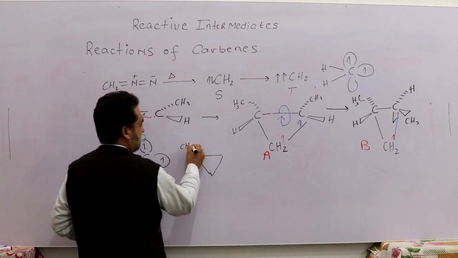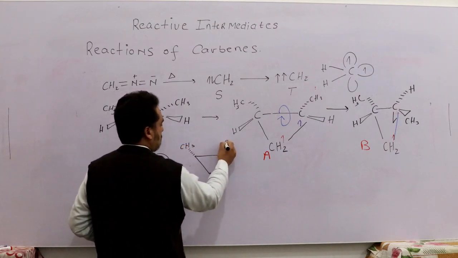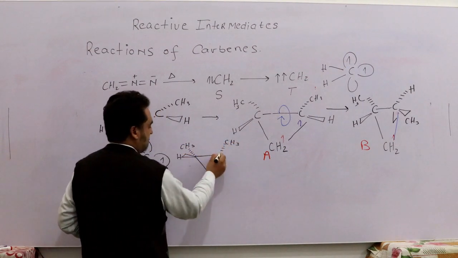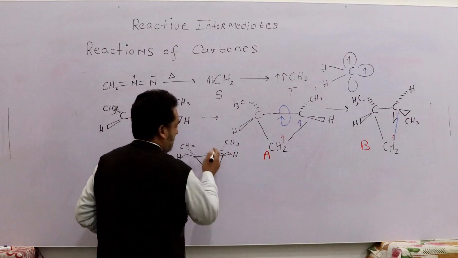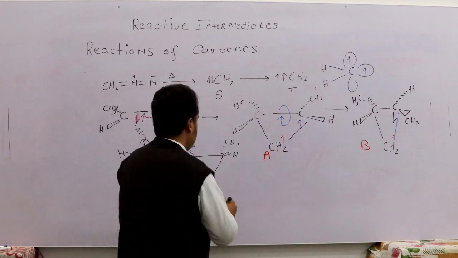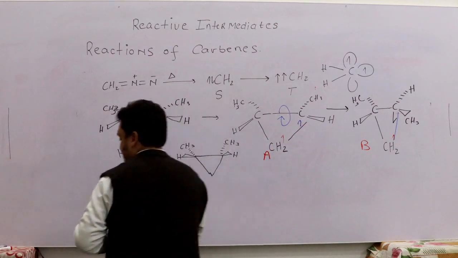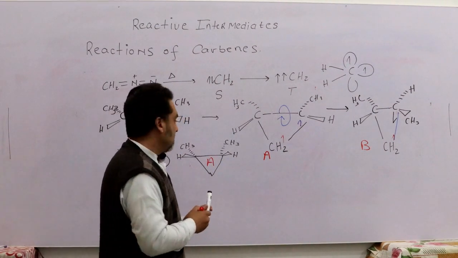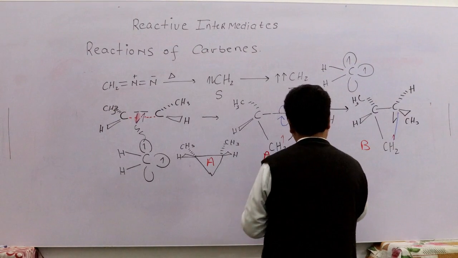It is a cis one. And hydrogen on the other side. This is cis. And this is A. Let me write A inside it. And this one is the B.